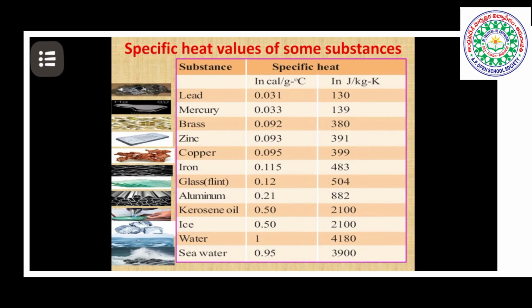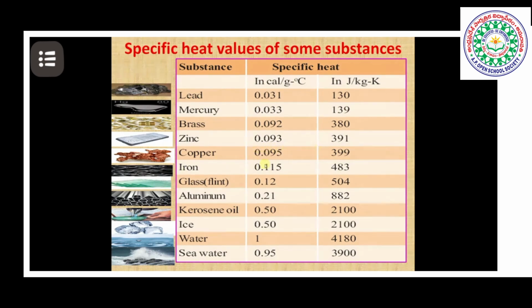What are the specific heats of substances? Here we are placing some substances, with specific heat in the Celsius system and the MKS system. Lead: in the Celsius system 0.031 and in the MKS system 130 joule per kg Kelvin. Mercury: 0.033 and 139. Brass: 0.092, 380. Zinc: 0.093, 391.